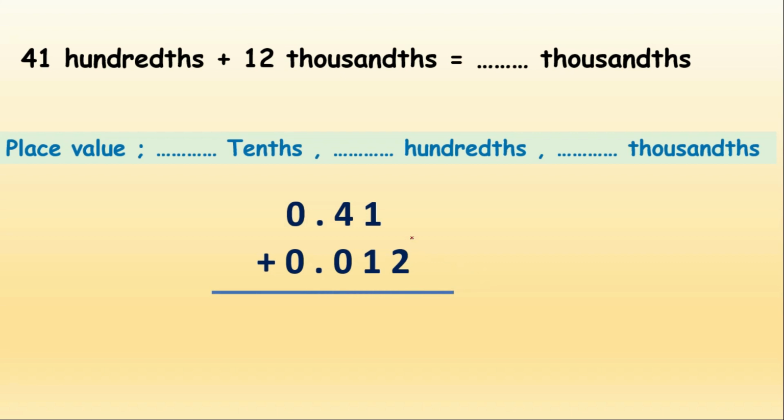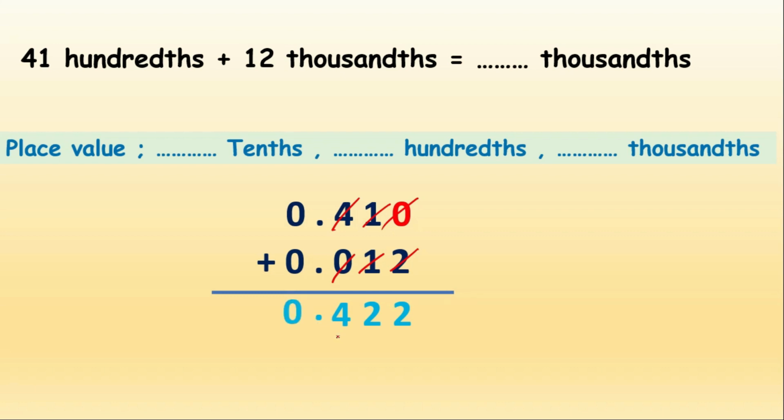Now add. The first step, don't forget, write 0 to make the same number of digits in the decimal part, 3 digits and 3 digits. Then 0 plus 2 equals 2, 1 plus 1 equals 2, 4 plus 0 equals 4. Drop the decimal point, 0 plus 0 equals 0.